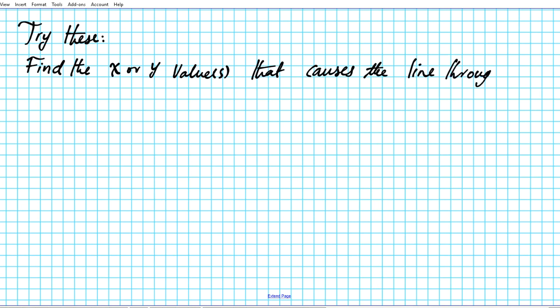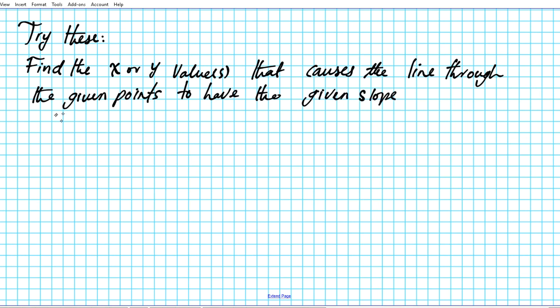You have to find the x or y value that causes the line through the given points to have the given slope. Just exactly as we did in the example we went over.